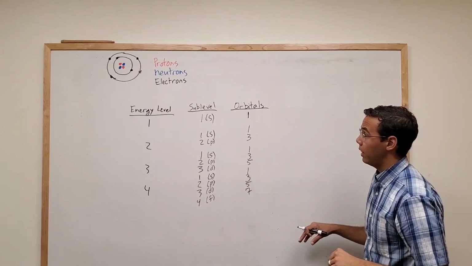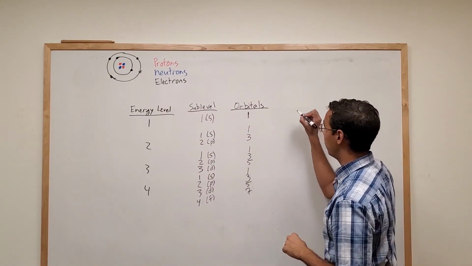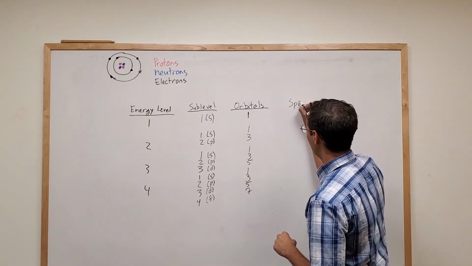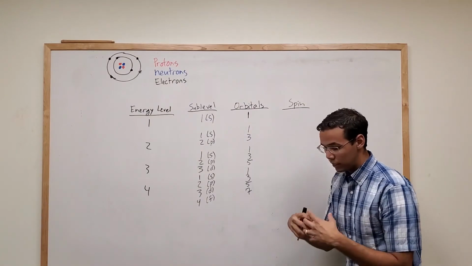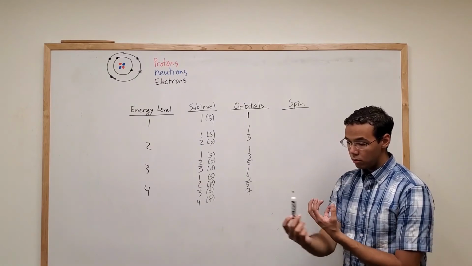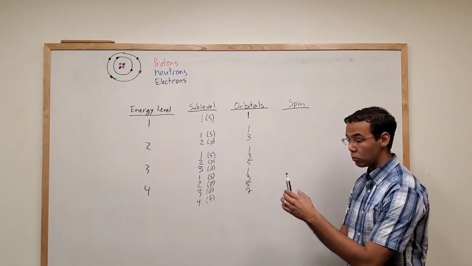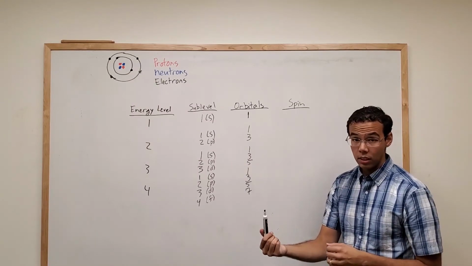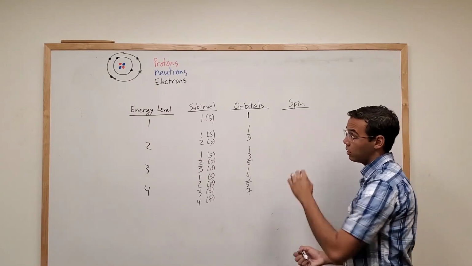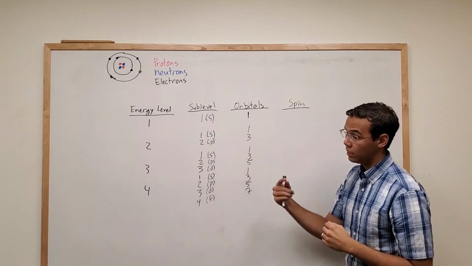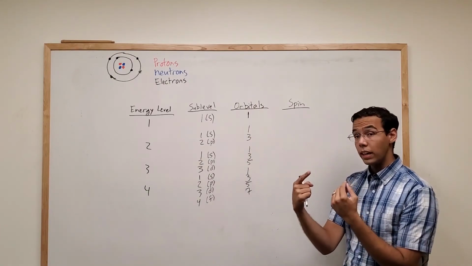Okay. And then finally, you also have something called the spin. And so if you go back to thinking about planets, the Earth orbits around the sun, but then while it's orbiting around the sun, it's rotating about its own axis. Similar thing with these electrons is that while they're orbiting the nucleus, they can spin around their own axis.